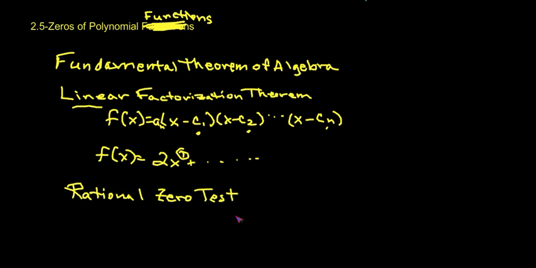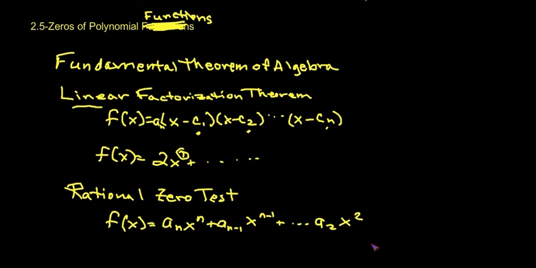So again, if we're starting with a polynomial that takes on this form, and you've seen this before in some of our other productions in class: a sub n times x to the nth plus a sub n minus 1 times x to the n minus 1, and so on. So just our basic form that we've seen a lot of already, our standard form for a polynomial.